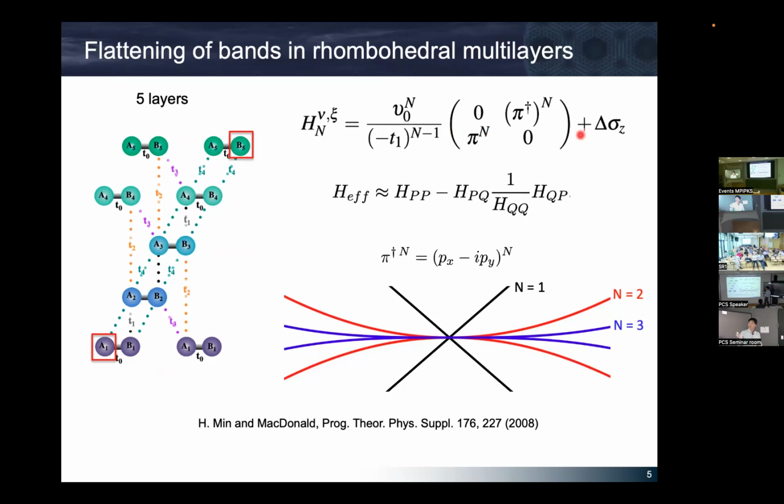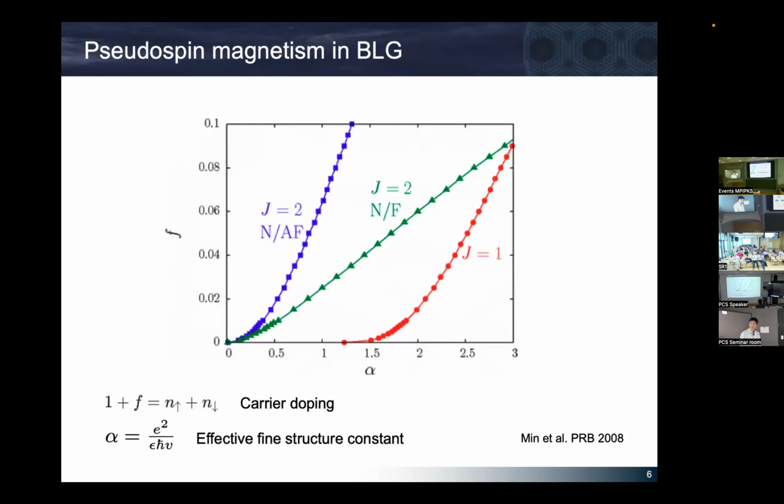We end up with the simplified Hamiltonian where the chirality is proportional to the number of layers, and we can represent the effect of an electric field that introduces different potentials in the top and bottom layers as a potential difference between the sublattices, here in this case A1 and B5. And here is again the representation of a progressive flattening of the bands, where when we move to a larger number of layers, we increase the density of states and also increase the chances for Coulomb interaction-driven instabilities.